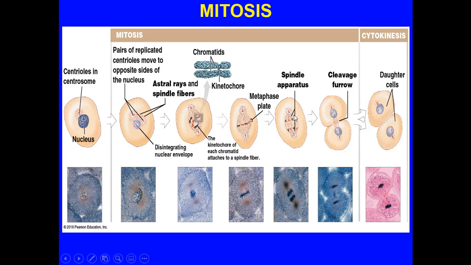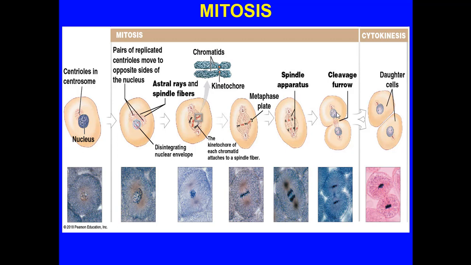So they each go in opposite directions to the opposite poles. Once you get this done, you're finished with anaphase, and now you go into telophase. In telophase, you envelop those chromosomes in a new nuclear membrane, and you start breaking down the spindle fibers.